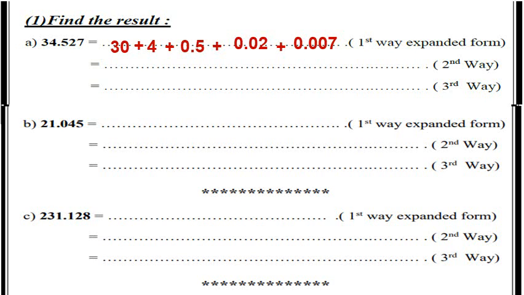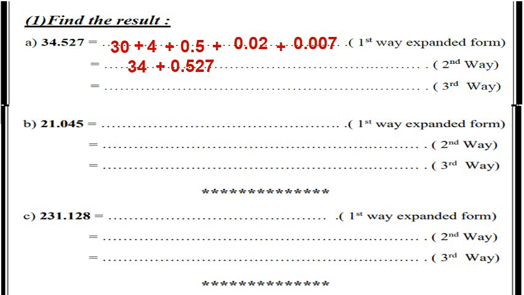The second way, what shall we do here? It's easier to write the whole part and the decimal part. The whole part is 34. I will write 34. Then the decimal part is plus 0.527. So we broke the number into whole and decimal. So write the whole part alone and the decimal part alone.